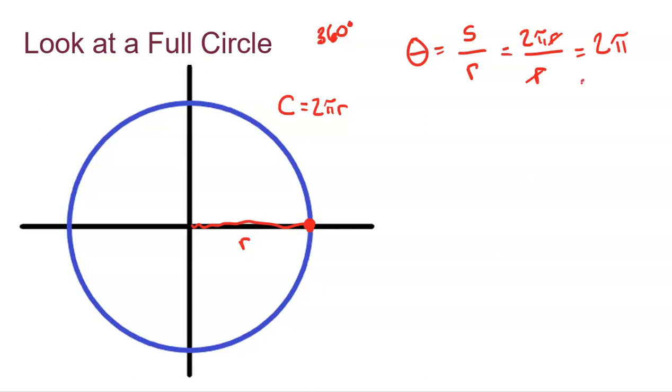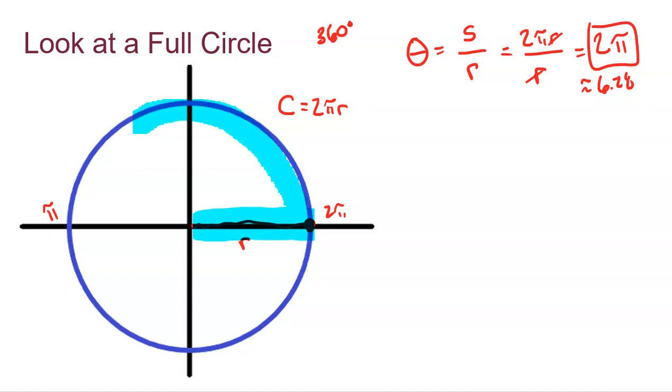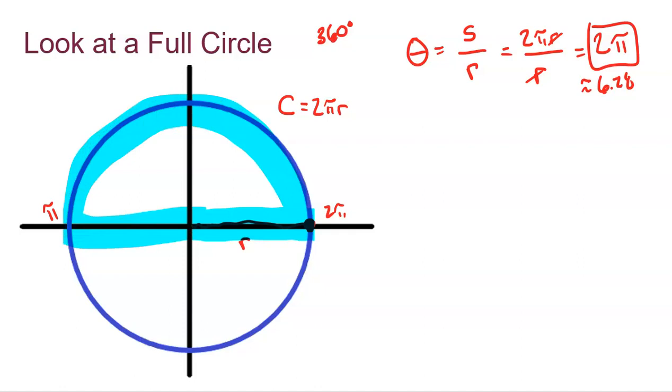Now that's approximately 6.28, but officially, exactly, it's 2 pi. If there's 2 pi in a full circle, then there is 1 pi in a half circle. So if I take a ray and go all the way around to a half circle and end, I just created 1 pi radians.